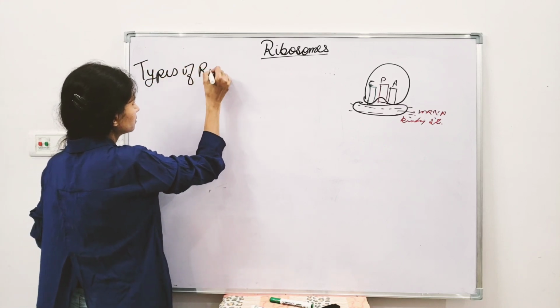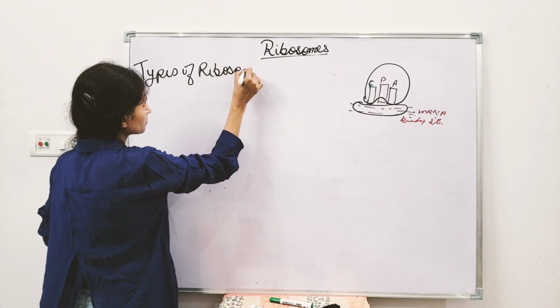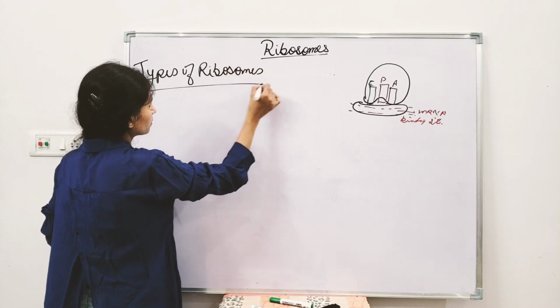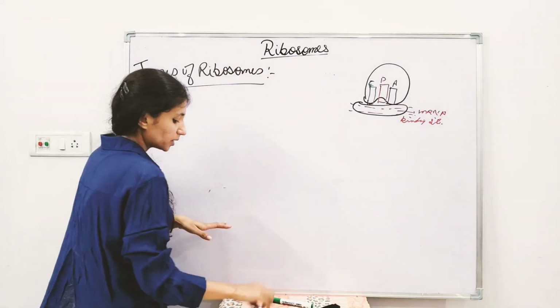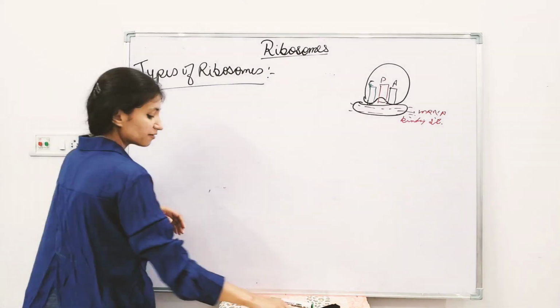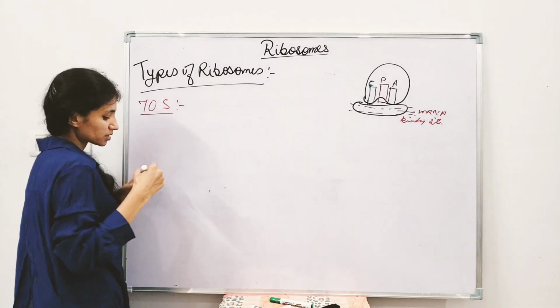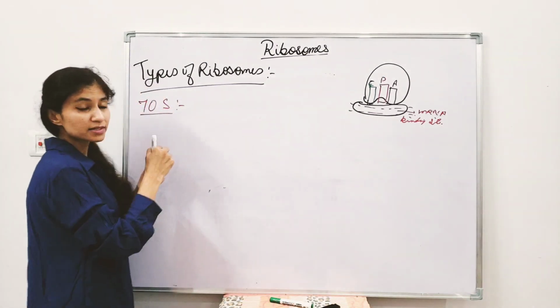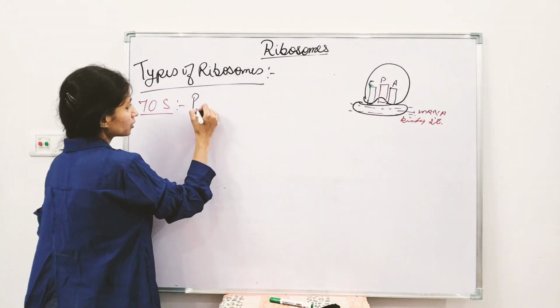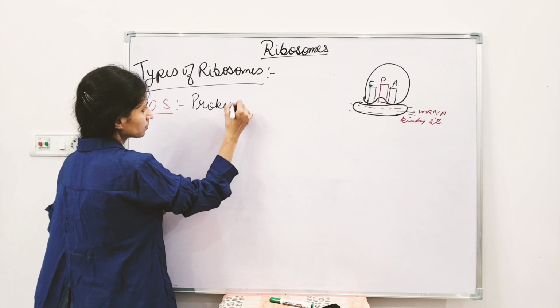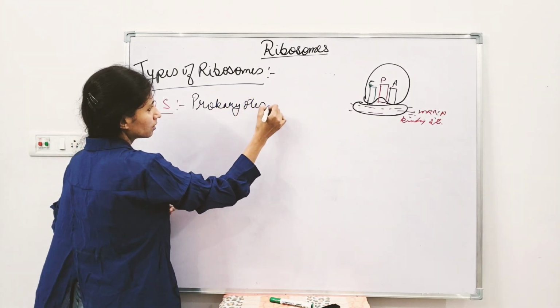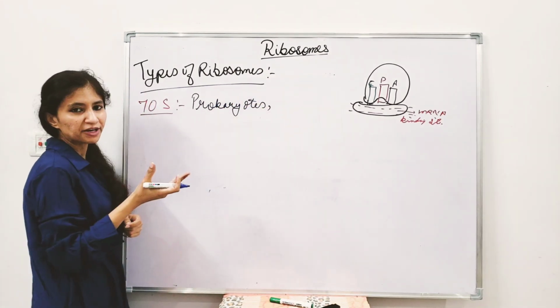Types of ribosomes. Now when I say types of ribosomes, we have the 70S ribosome, the first one that we're going to discuss. You will find the 70S ribosome mainly in prokaryotes.